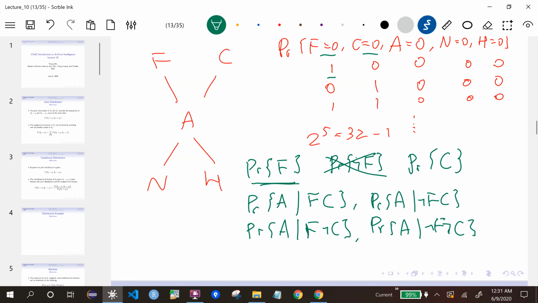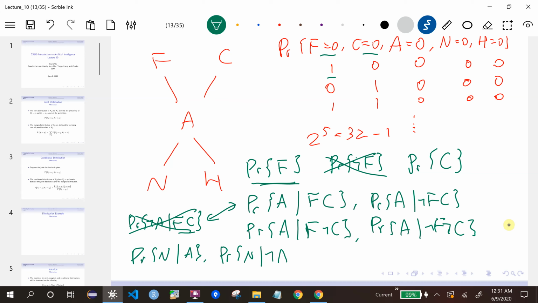Do we need the not alarm ones? For example, do we need the probability of not alarm given fire and cat, which is the most dangerous situation? No, because these two sum up to 1. Given F and C, it's either alarm or no alarm, so these sum up to 1, so we don't need that. Okay, and next, the probability of Nick calling me given there's an alarm, and the probability of Nick calling me given there are no alarms.